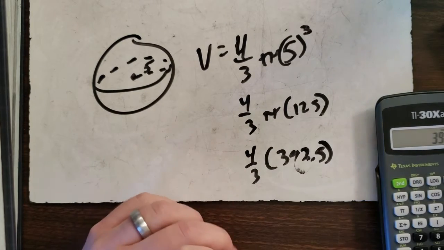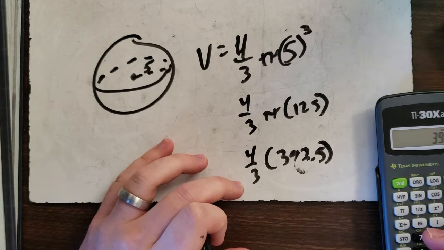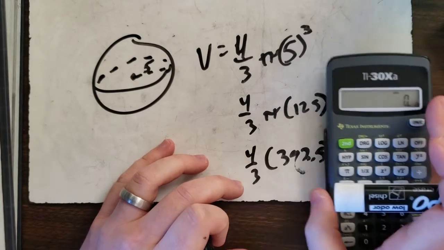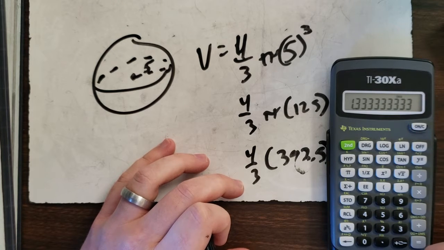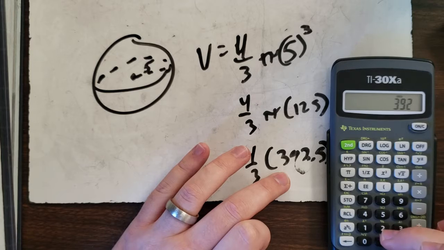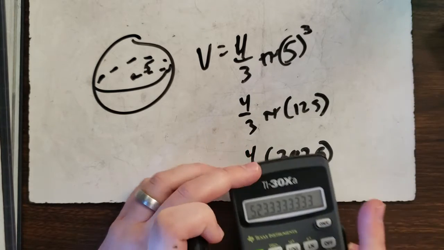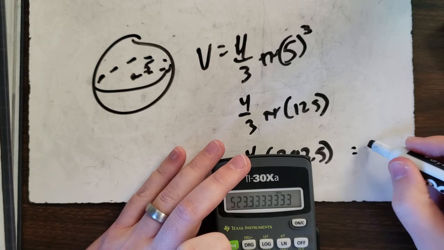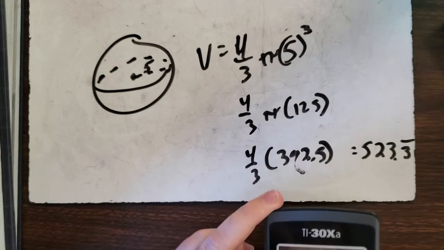Now, there's two ways you can do this. You can either do 4 divided by 3, which equals 1.3 repeating, and then times 392.5 to get 523.3 repeating.